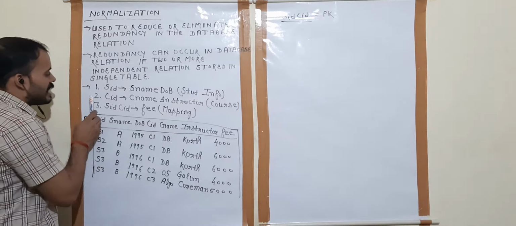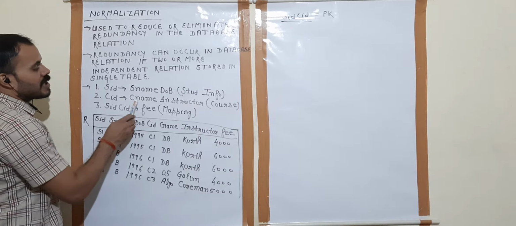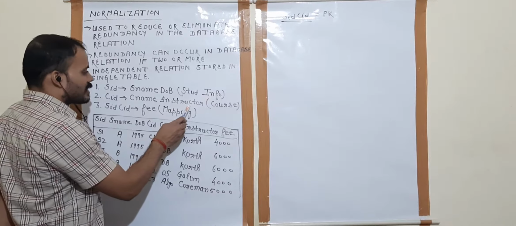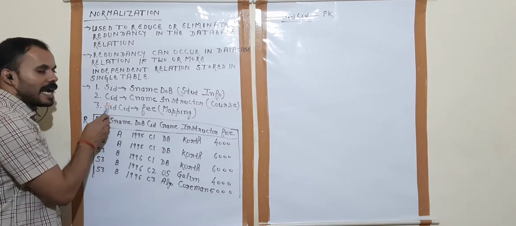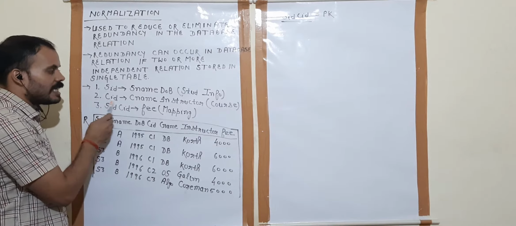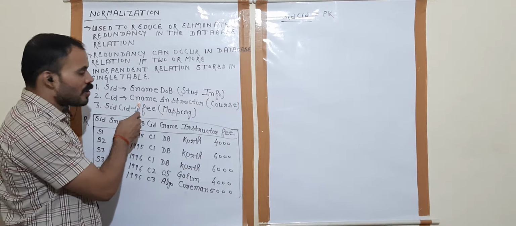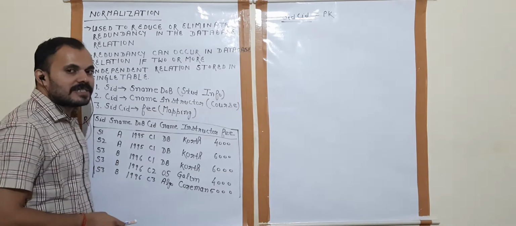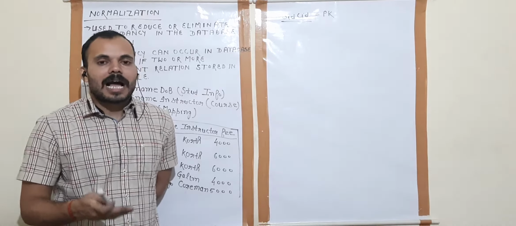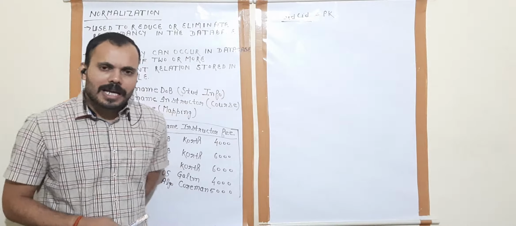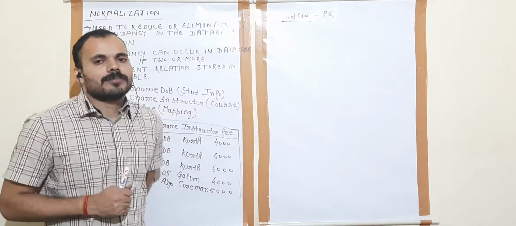table. And see here, second, CID determines C name and instructor, where CID stands for course ID, C name stands for course name, and instructor is, assume, the writer or instructor of the course.